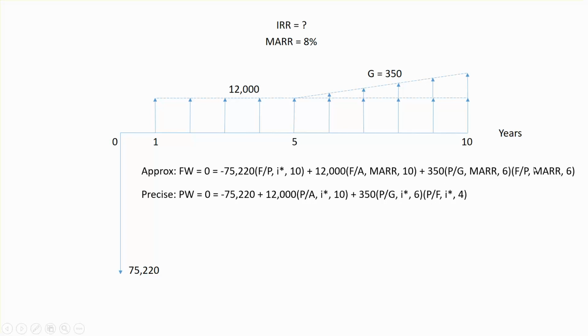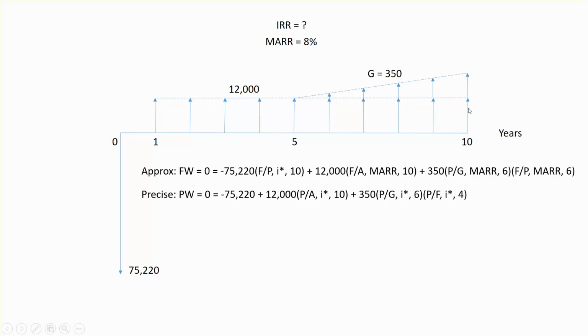Notice in the approximate method, because the P over G will in fact drop the money again at the end of year 4, we need to bring it forward 6 time periods, 1, 2, 3, 4, 5, 6, to get it to year 10.